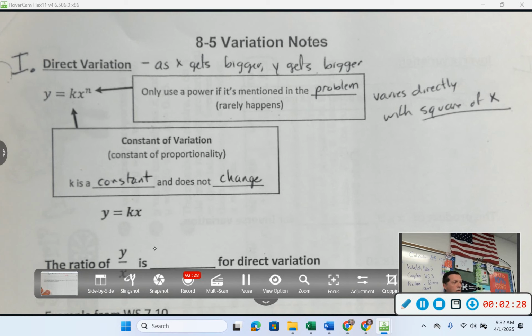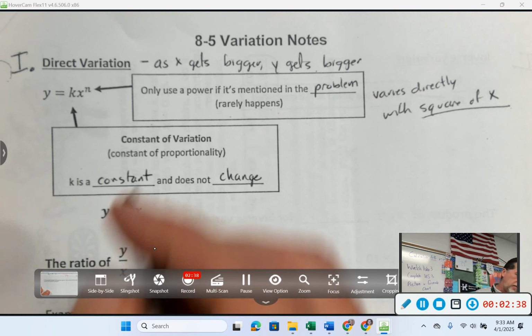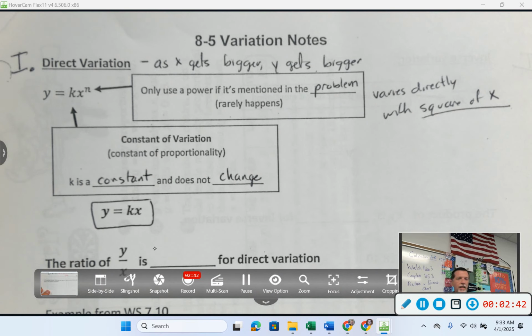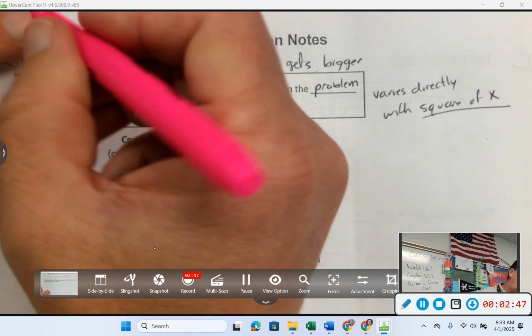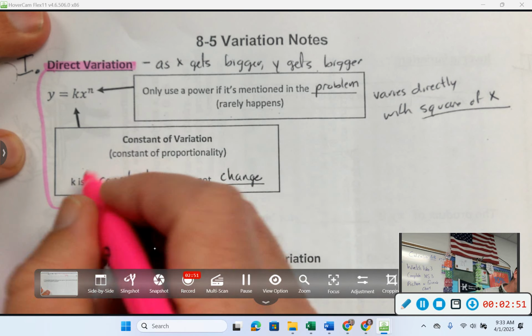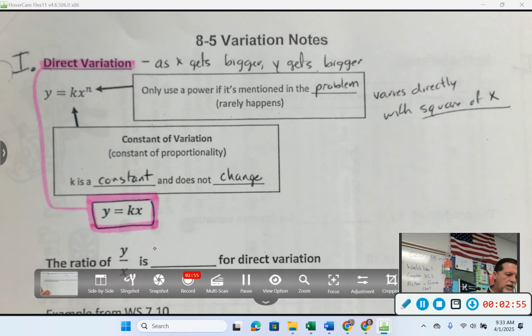So once you figure out what K is, you keep K for the rest of the problem. In the next problem, K might be something different, but within one problem, K is not changing. y equals kx. That's the direct variation equation. That's all you need to know for today. Direct variation means y equals kx. Everything else falls out of that.